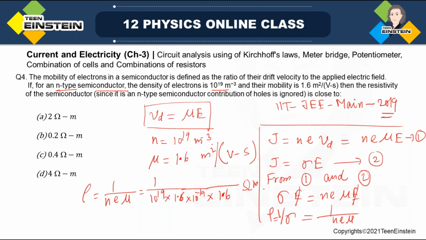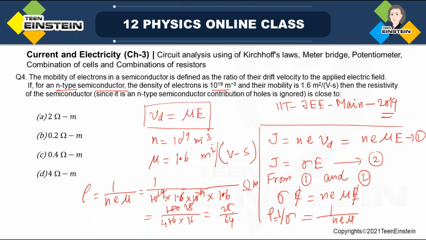If you see, the powers of ten will cancel each other, so here it will be 100 divided by 16 into 16, so this will be 25 by 64.